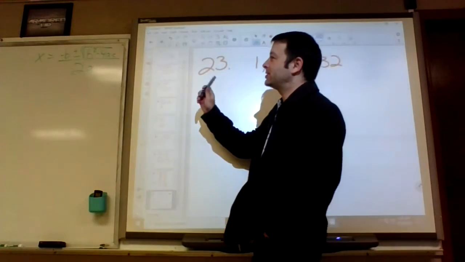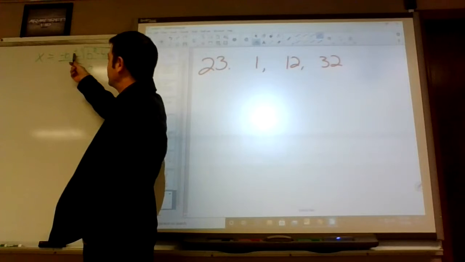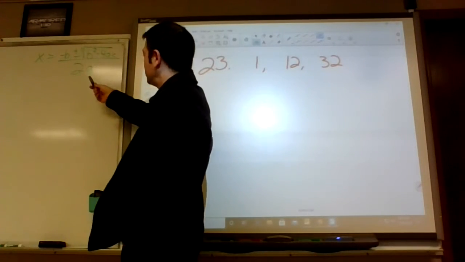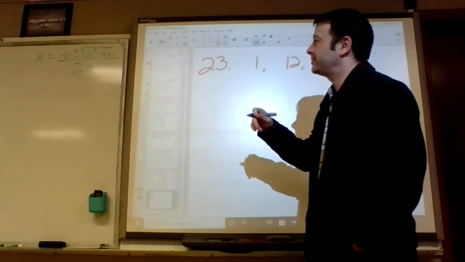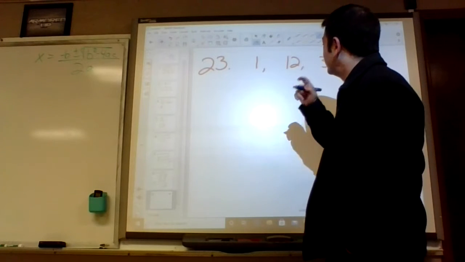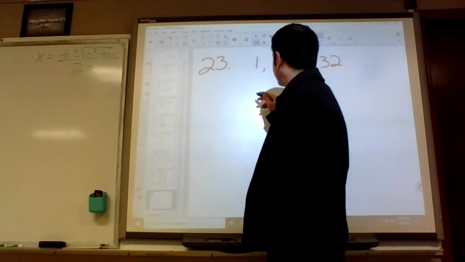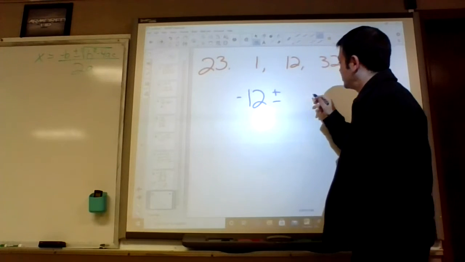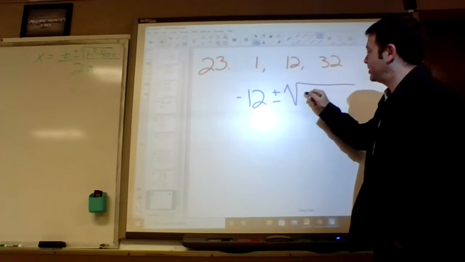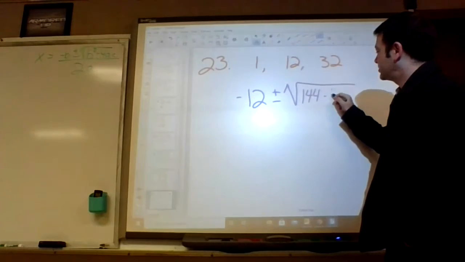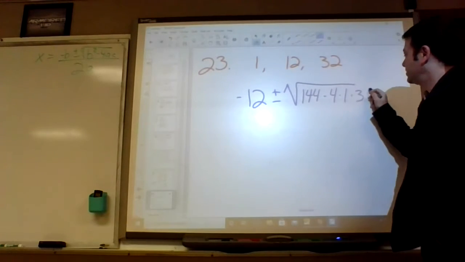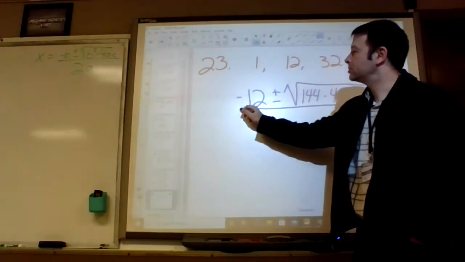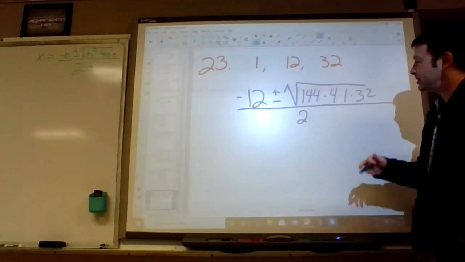That's how you have to start: x is equal to negative b plus or minus square root of b squared minus 4ac all over 2a. Not perfect, but it works. Negative b plus or minus the square root of b squared minus 4ac all over 2a. Now I'm going to have that stuck in my head.